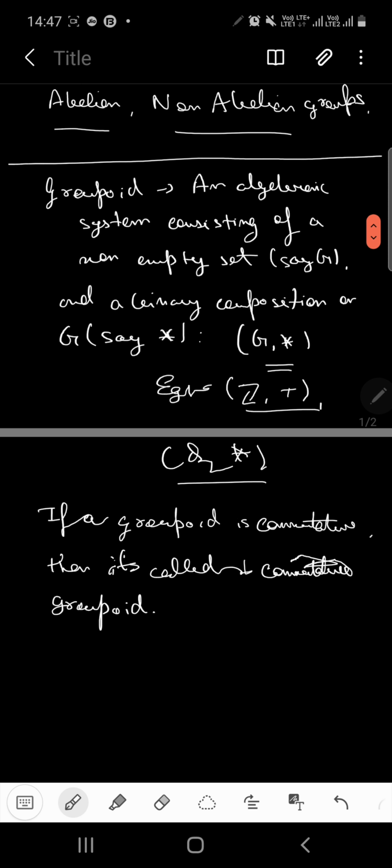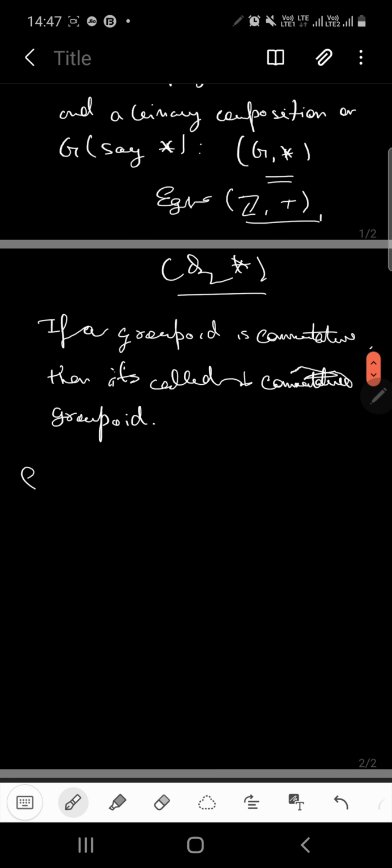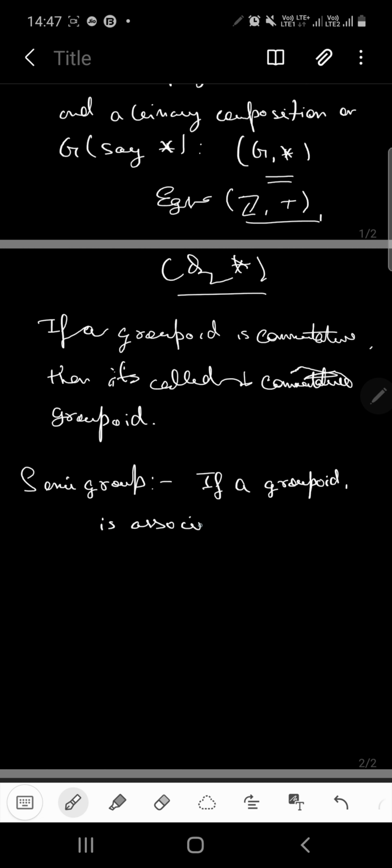In the next portion we have something called a semigroup. So what is a semigroup? If a groupoid is associative, then it's called a semigroup.